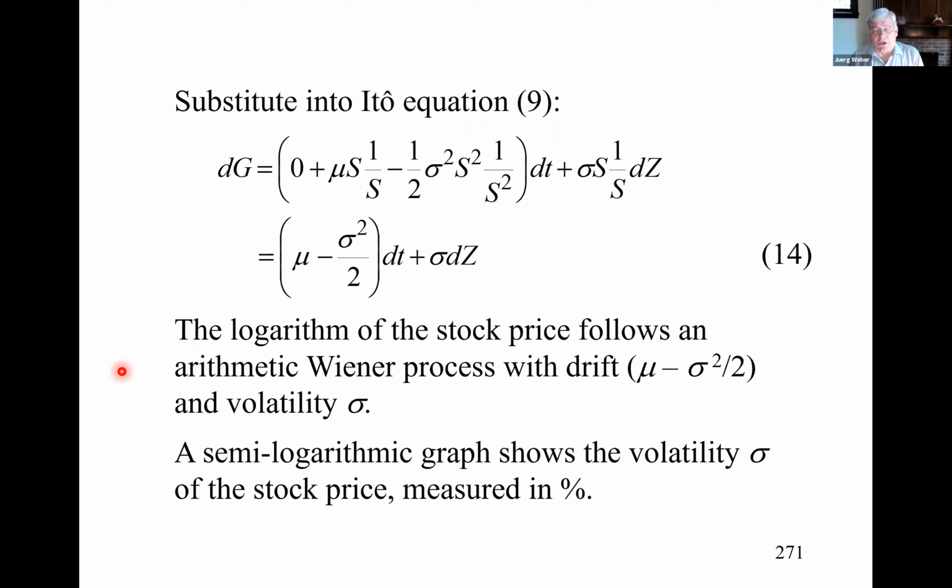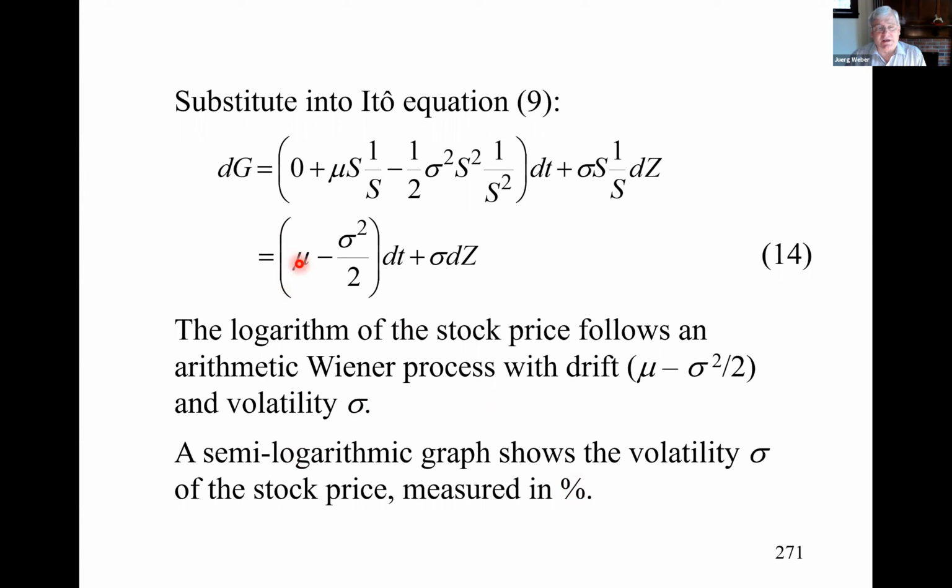Now the logarithm of the stock price will follow a so-called arithmetic Wiener process with a drift here and this volatility. So if you take a semi-logarithmic graph, if you plot share prices in logarithm, then you actually will show the percentage changes.